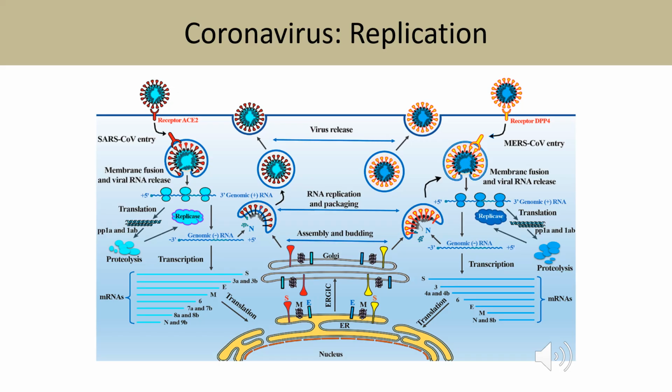So in the case of the SARS viruses, both the SARS-CoV-1 and 2, their preferred receptor is the ACE2 receptor, the angiotensin converting enzyme, which is present on a lot of respiratory epithelial cells, as well as in the kidney, in the brain, and in a few other organs.